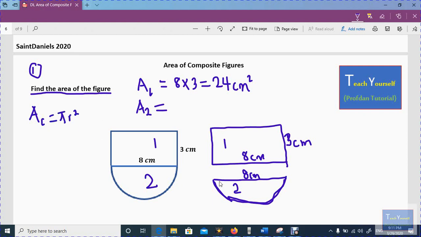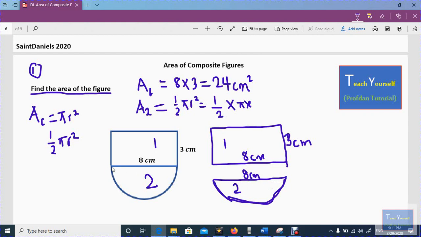squared, and the area of a semicircle, since it is half of a circle, is half times that of a circle, pi r squared. So the area of 2 in this case is half pi r squared. So which gives 1 over 2 times pi times the radius of this semicircle.